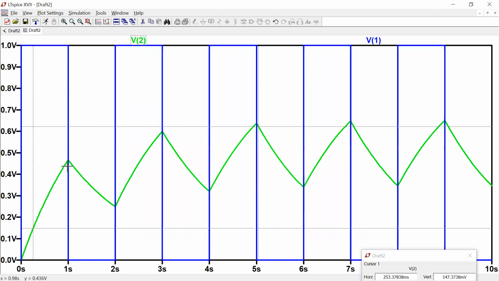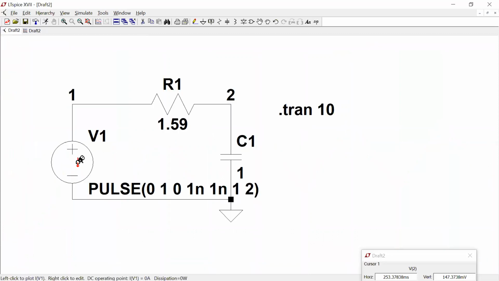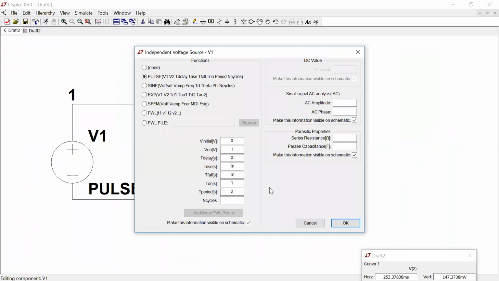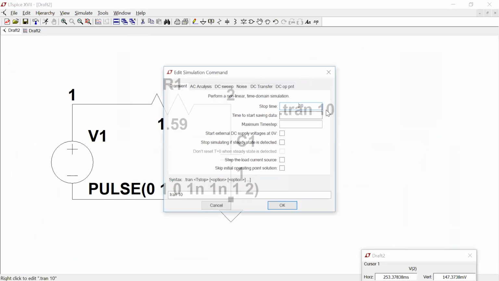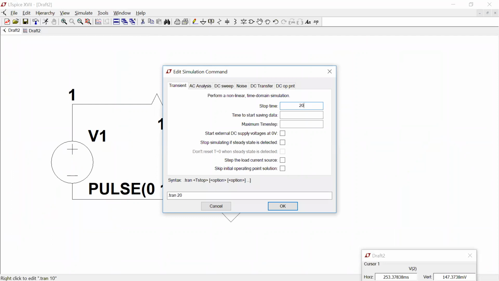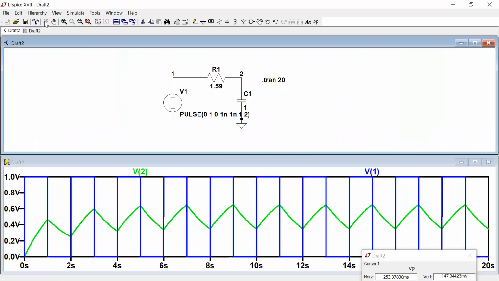You can see that it goes up and it comes down, but then it goes up a little higher and comes down a little higher, and then eventually it seems to settle, all right? And interestingly enough, the time it takes to settle, because this is a first order circuit, is 5 tau, right? But after a while, those initial conditions are averaged out.